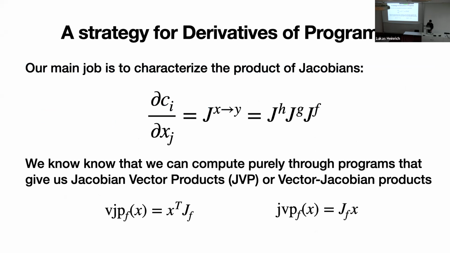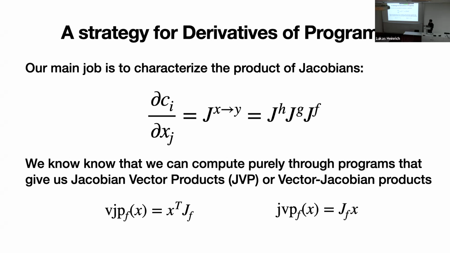Okay, so now let's go back to our derivatives. Our main job is to characterize the product of the Jacobians, right? We have our program, which goes through multiple transformations, f, g, and h, and we want the partial derivatives of that. Because it's a composition of multiple functions, it's going to be a product of Jacobians.